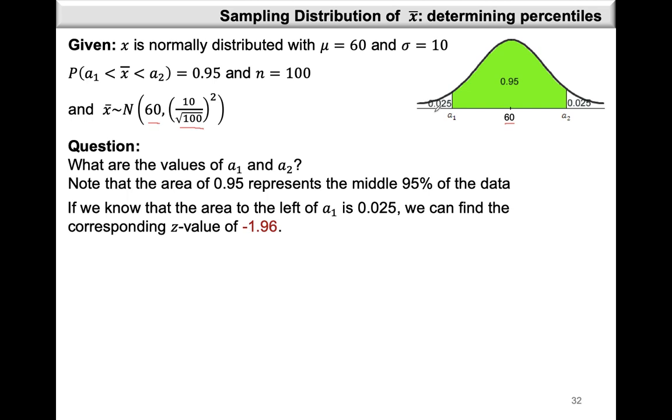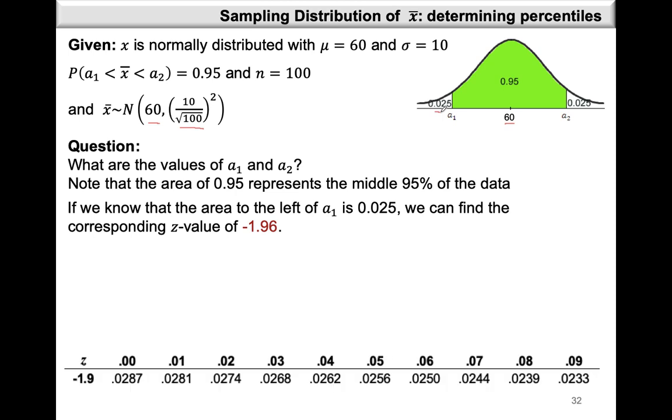So if we know this area, then we can look for 0.025 amongst the probabilities in the Z table and find the corresponding Z value. So from the Z table, we find 0.025 and therefore the corresponding Z value is minus 1.96.